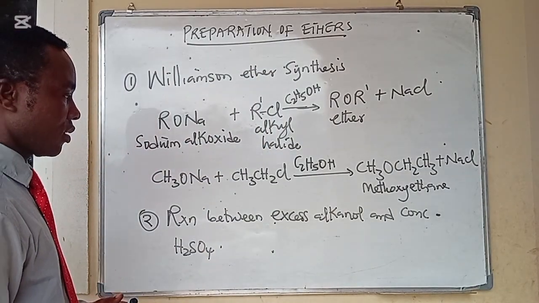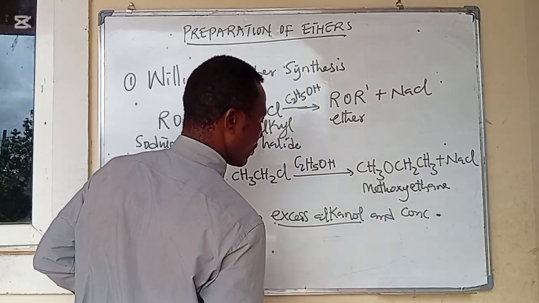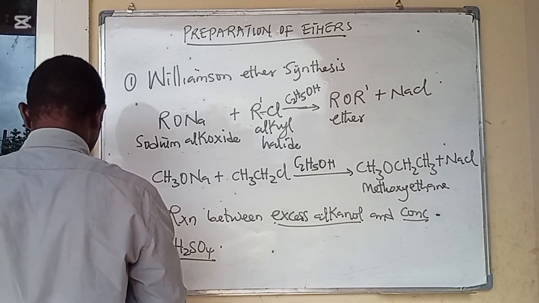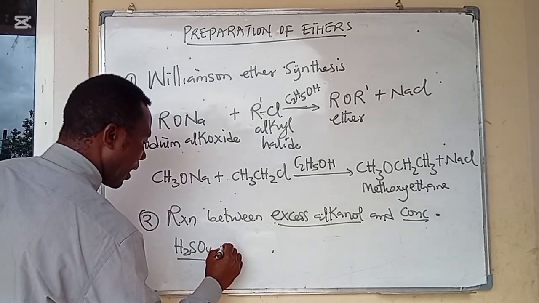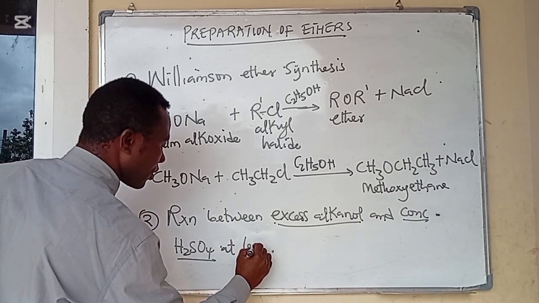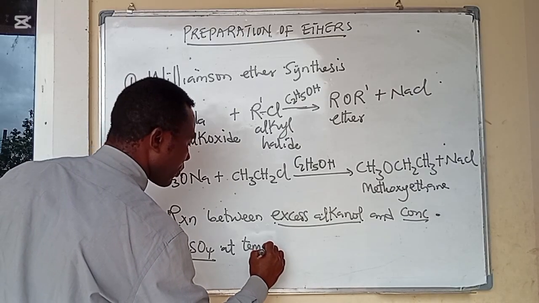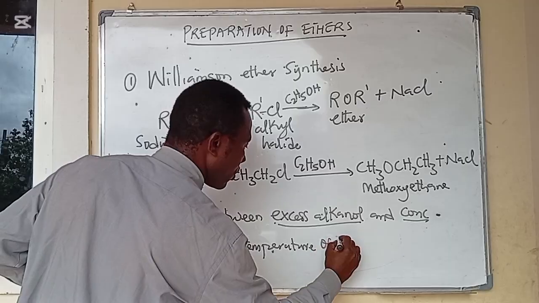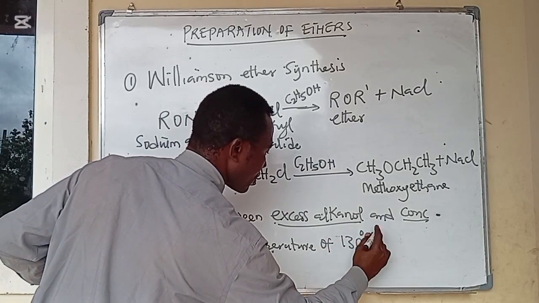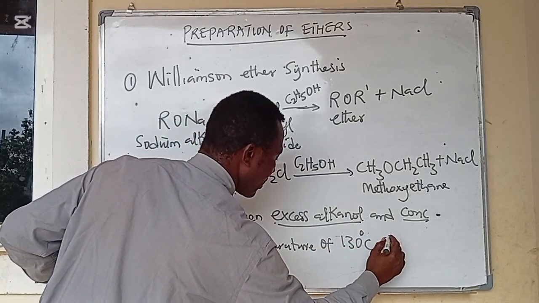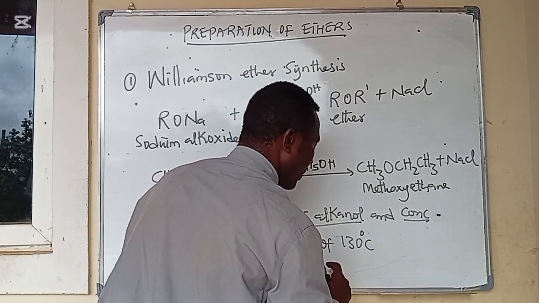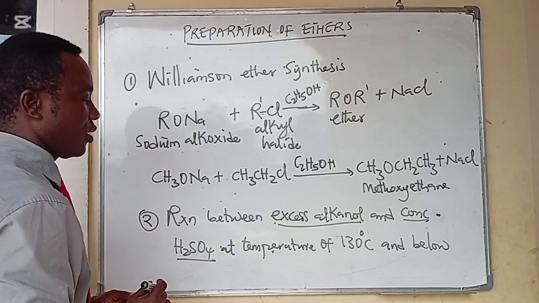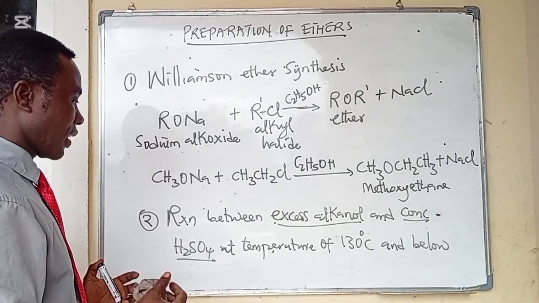So reaction between excess alkanol and conc H2SO4 will give us ether at a temperature of 130 degrees Celsius and below. So the temperature has to be around 130 degrees Celsius and below.